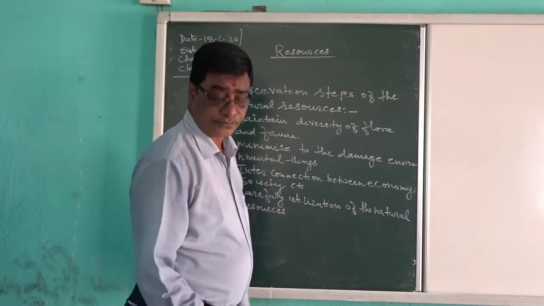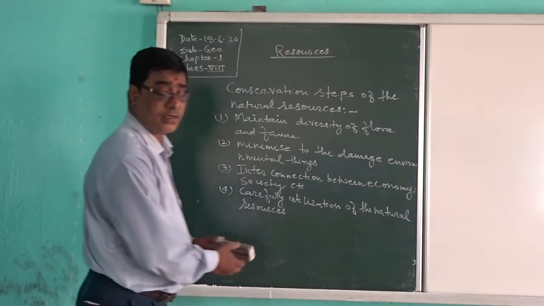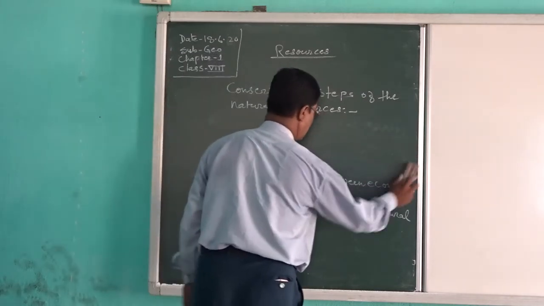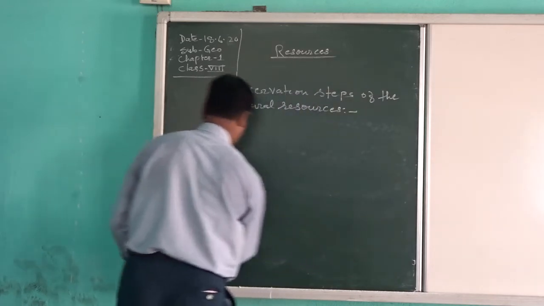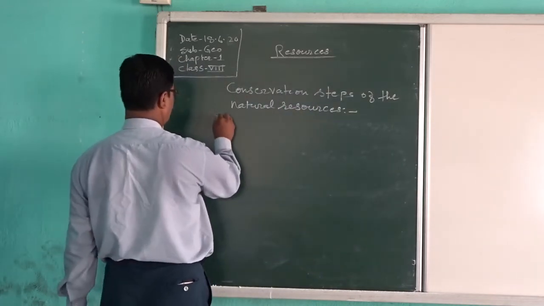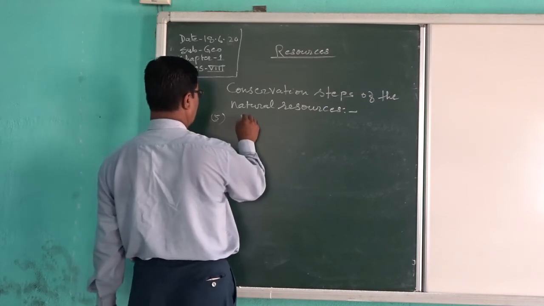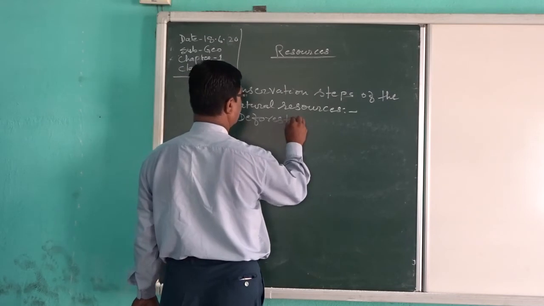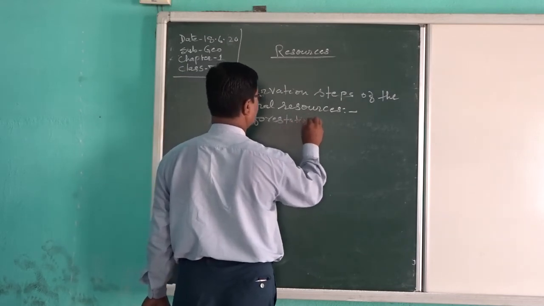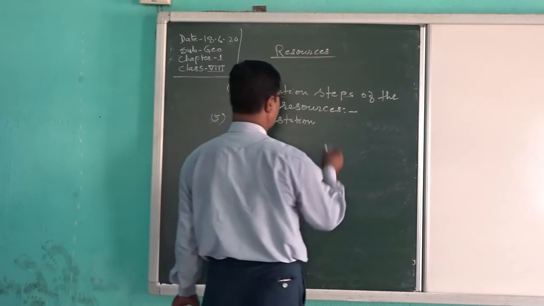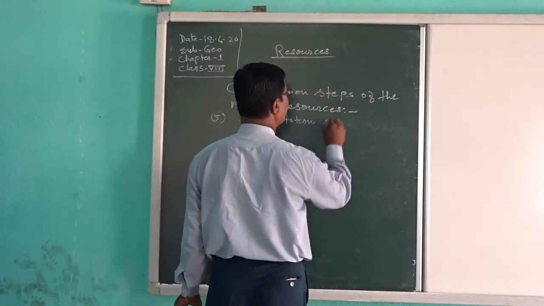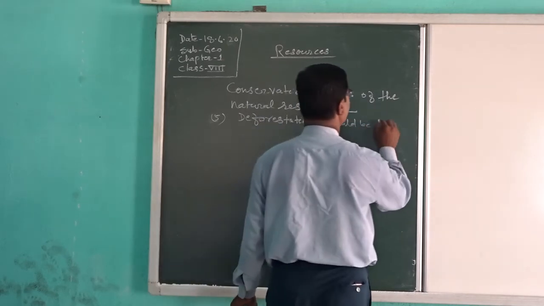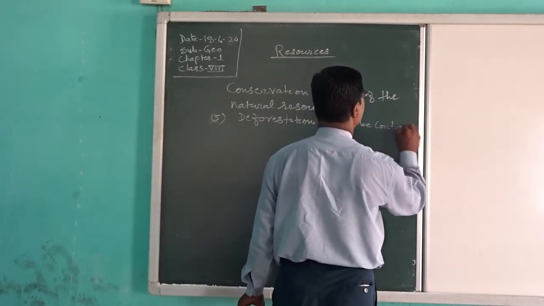Next is number 5: deforestation should be controlled.